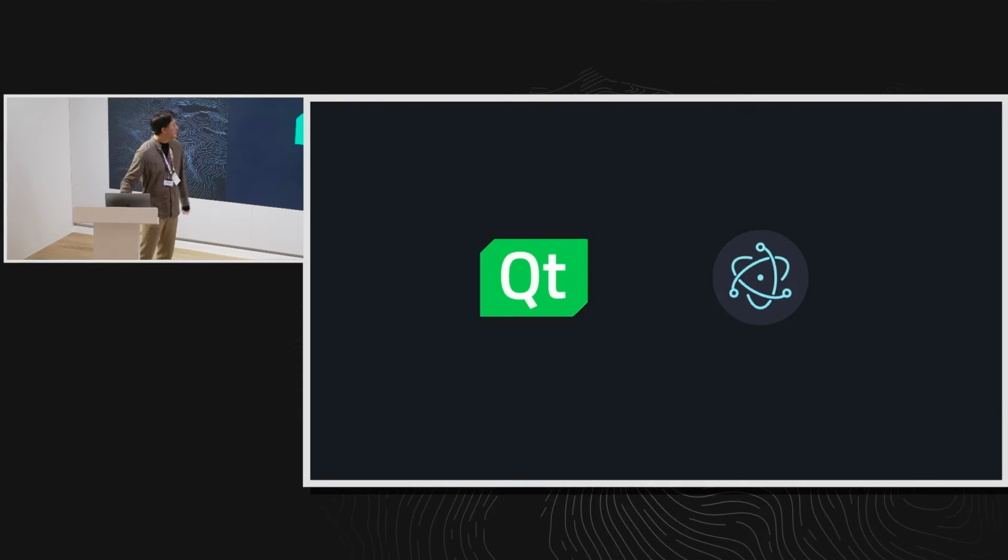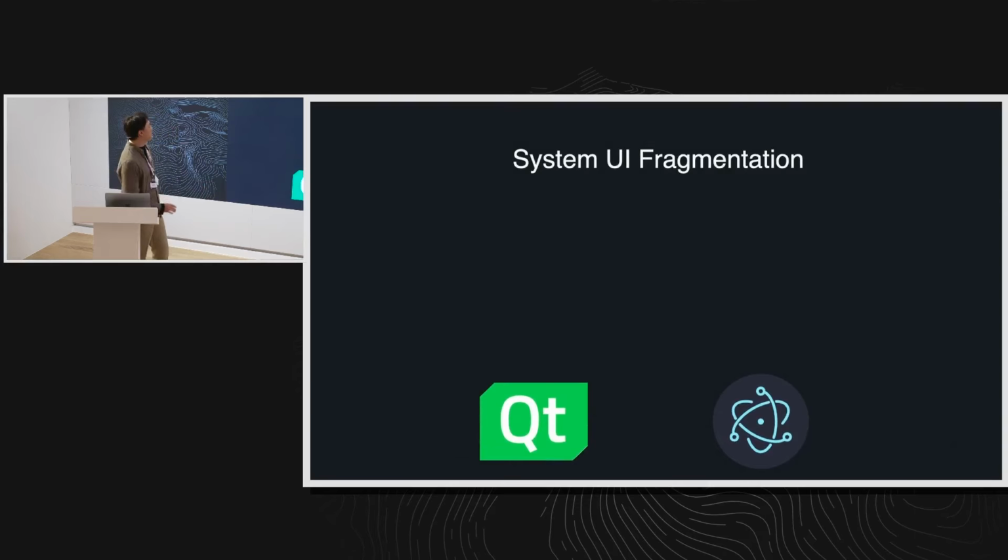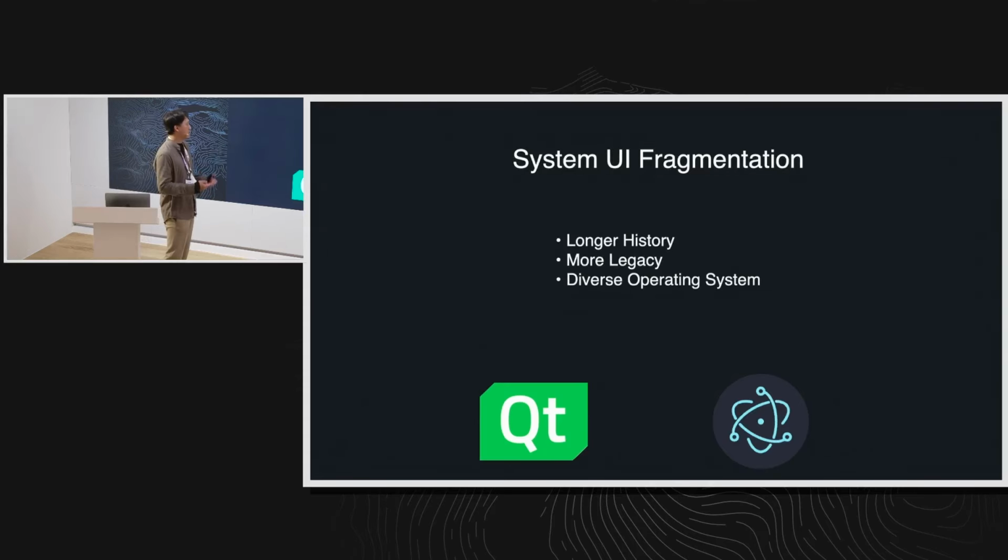But why? My reasoning is that desktop suffers a lot from system UI fragmentation, where desktop operating systems have a longer history, so more legacy, and we have diverse operating systems here.